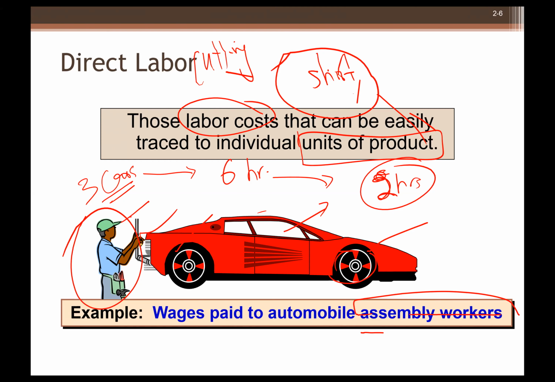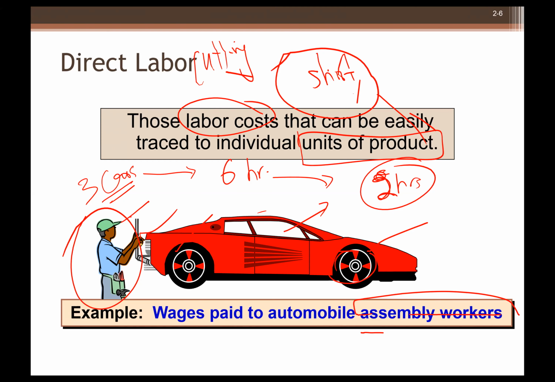For example, in building a house, what is direct material? Of course, bricks, cement, the cost of steel, the cost of doors, and, for example, wires, plumbing works, this kind of stuff. But what about the direct labor in building a house? The cost of laborers, the person who is laying the bricks, right?